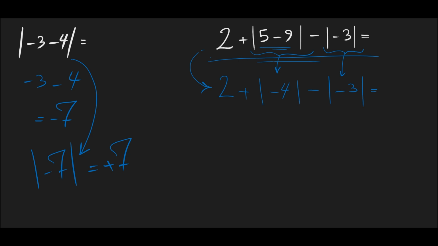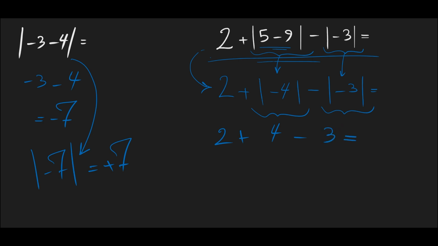Now we have all the expressions inside the absolute value, which means now we can go ahead and actually apply the absolute value to the number inside. So we can say 2 plus absolute value of negative 4 will be 4, minus absolute value of negative 3 will be just 3.